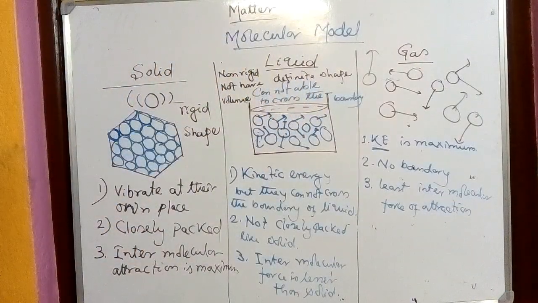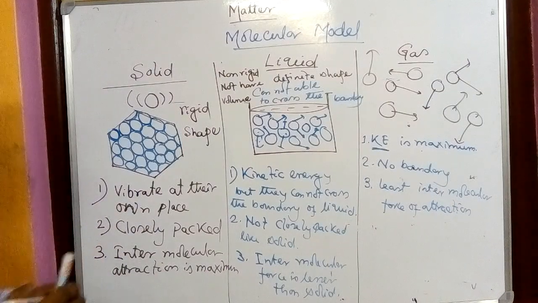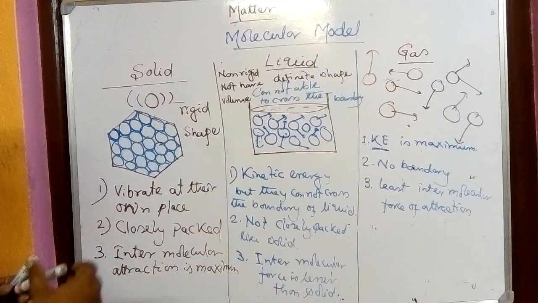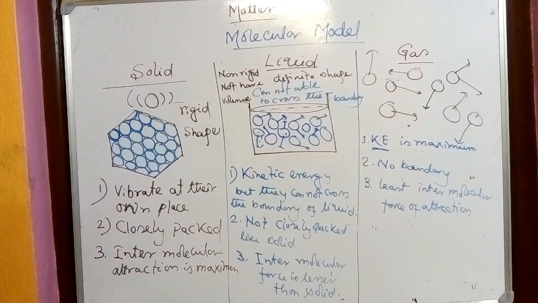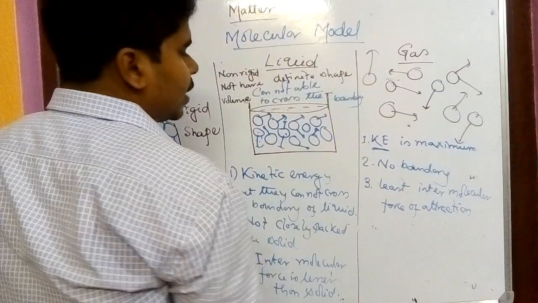This is known as gas. So if I define gas, we can say gas is a substance whose kinetic energy is maximum, intermolecular force is the lowest, and it does not have a definite shape or a definite volume. That type of substance is gas.